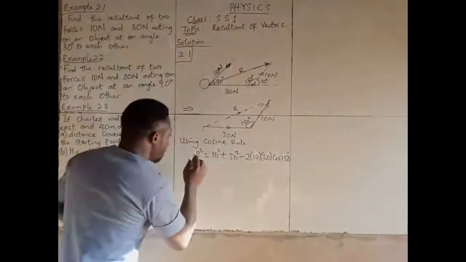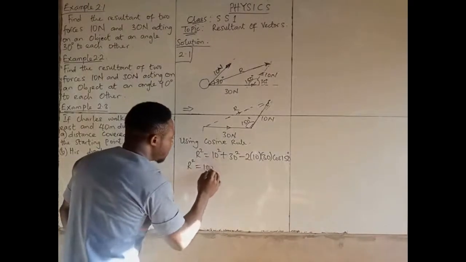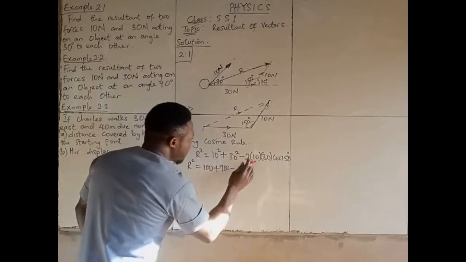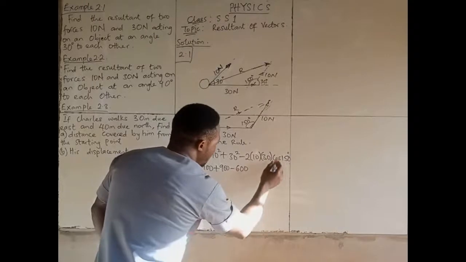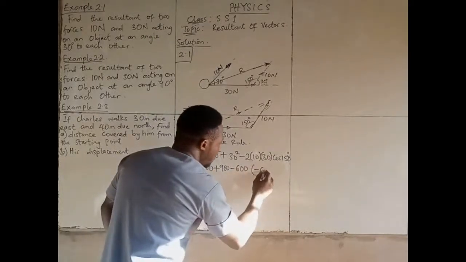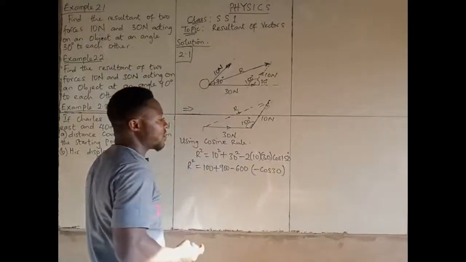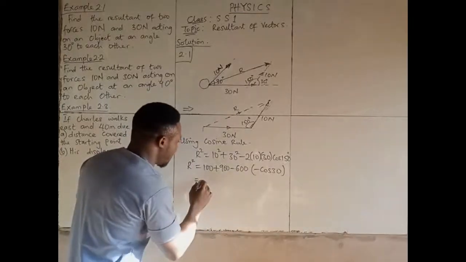Now, you have R squared equals 10 squared, 100, plus 30 squared, 900, minus 2 times 10 times 30, which will give you 600, cos 150. Cos 150 will give us minus cos 30. Or better still, you just press your calculator and find cos 150 and it will give you a negative answer.